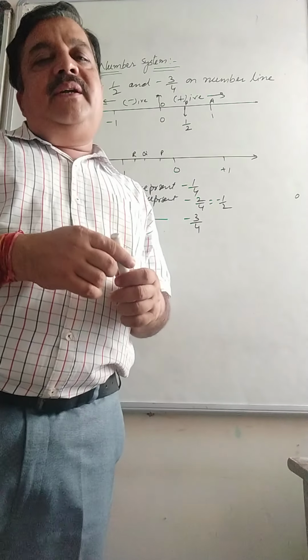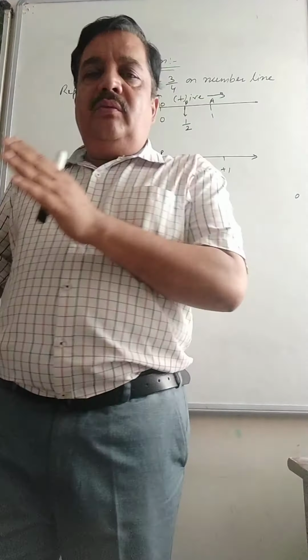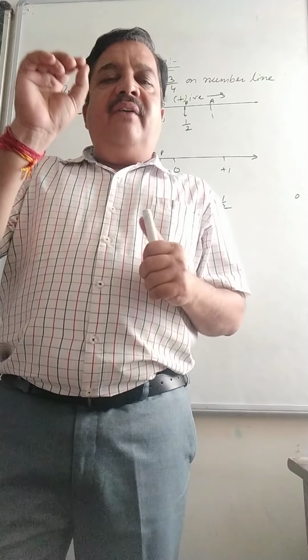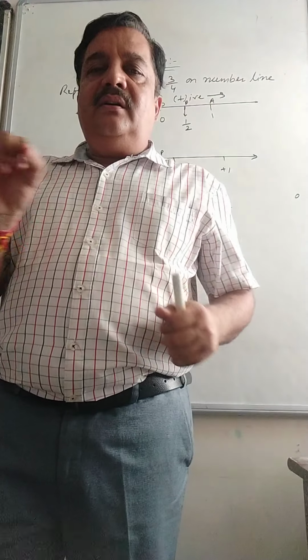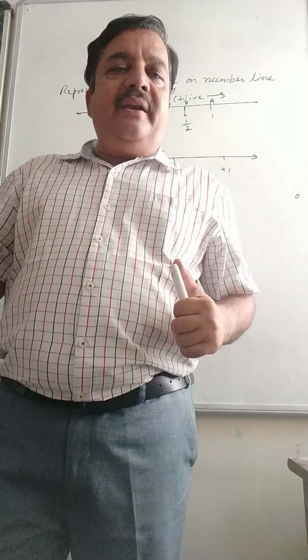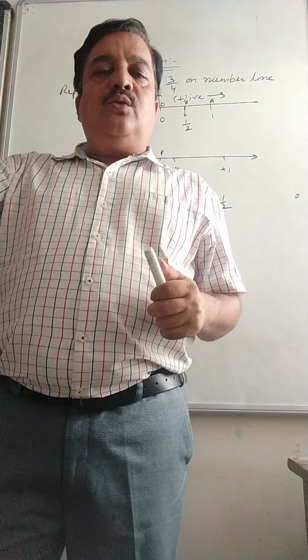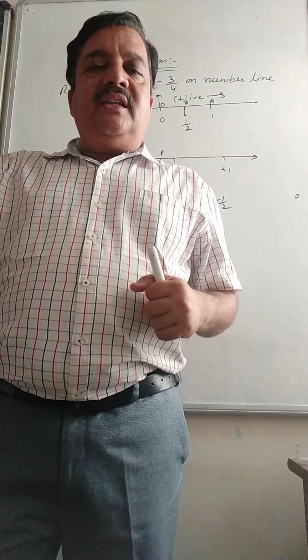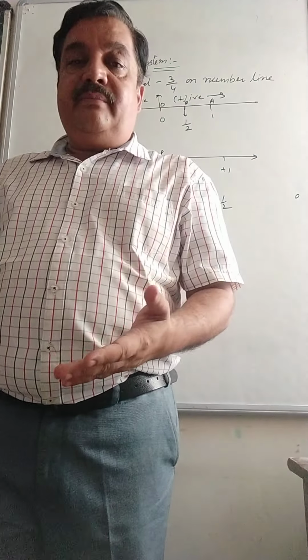Because natural numbers start from 1 to infinity, and every natural number can be represented by keeping 1 as a denominator. 1 can be written as 1 upon 1, 2 can be written as 2 upon 1, 3 can be written as 3 upon 1. So all natural numbers are rational numbers.